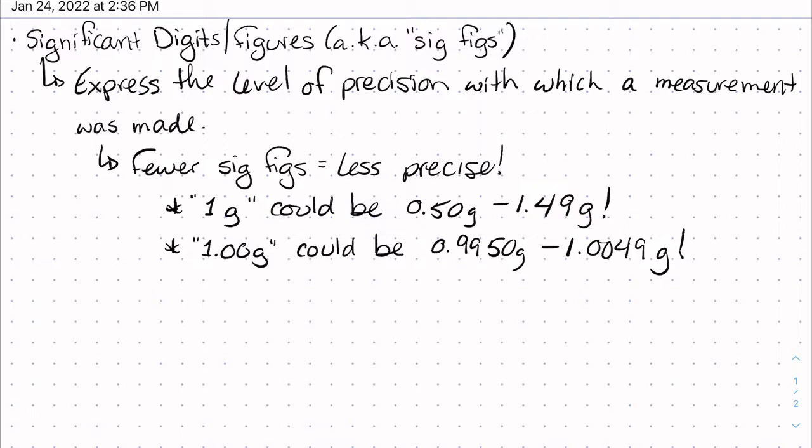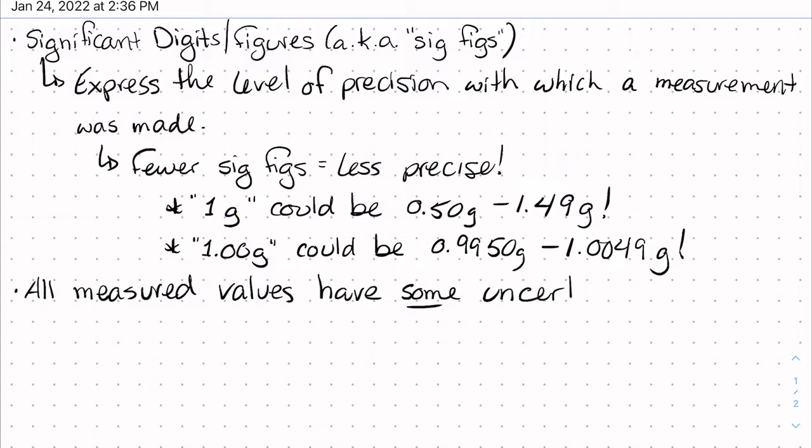We do need to recognize that all measured values have some amount of uncertainty. No matter how precise your measurement is, it's never really perfect if it's truly a measured value. So that means we must express them to an appropriate number of significant digits.